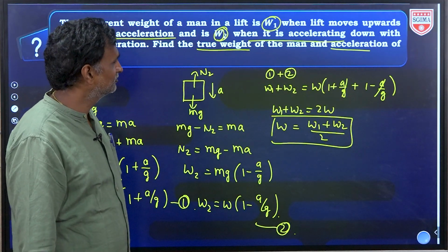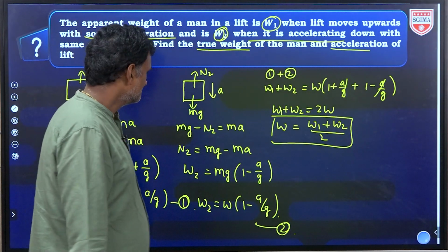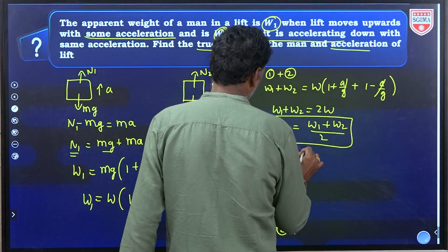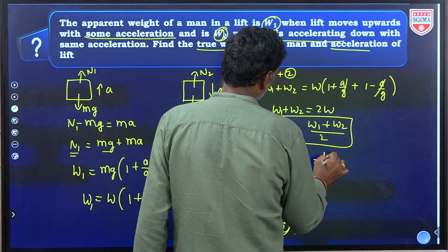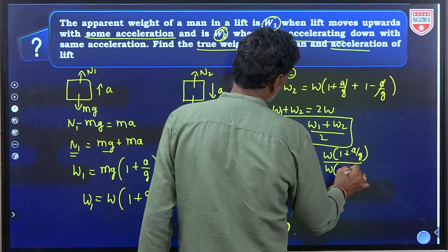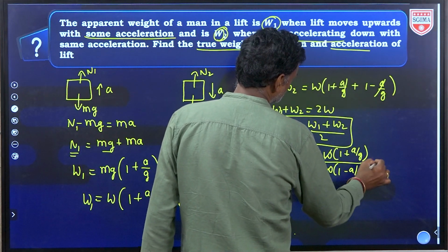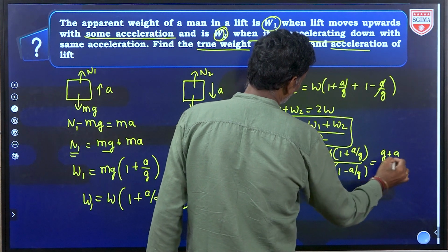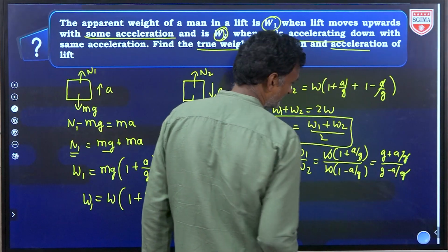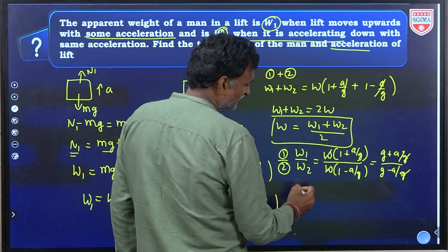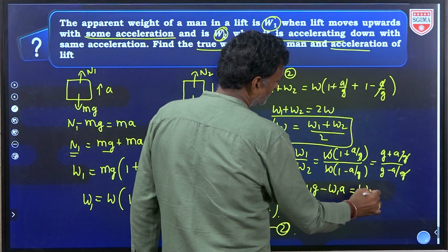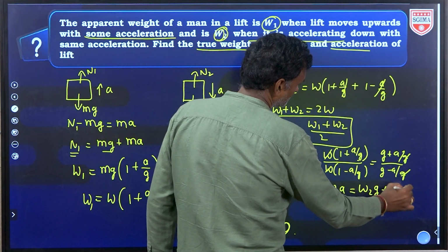Okay? So now they are asking the acceleration of the lift. So we can just do simplification, that is equation 1 upon 2. So W1 by W2 equals W into 1 plus a by g, over W into 1 minus a by g. W cancels, here g plus a by g, here it is g minus a by g. G cancels. Now cross multiplying. W1 g minus W1 a equals W2 g plus W2 a.